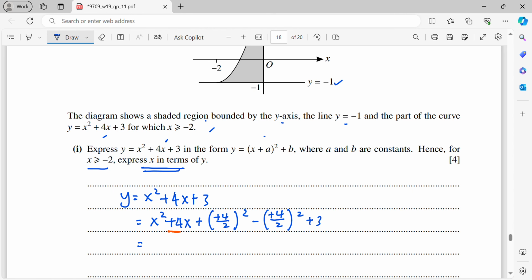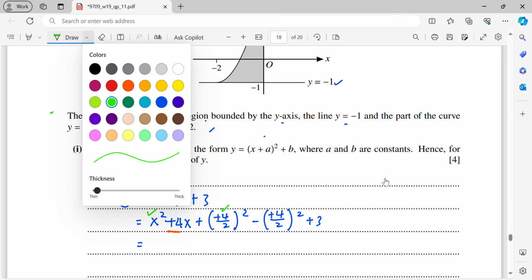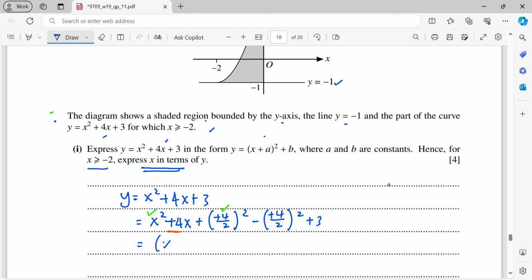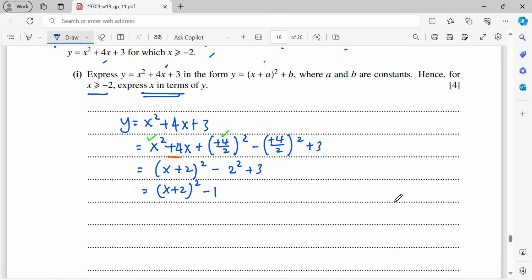Then combine the first and third term inside the bracket. So here it will be x, and the second term inside the bracket is plus 4 over 2, which is basically plus 2. Then you square it, so it will be minus 2 squared plus 3. That is going to be x plus 2 squared, minus 4 plus 3, minus 1. So done for the first part.